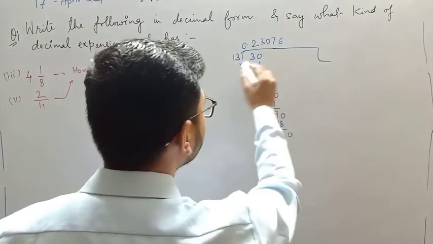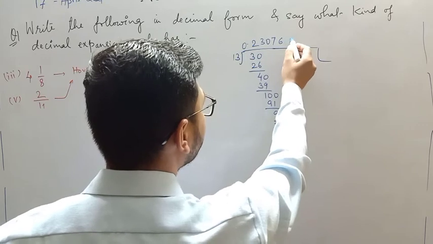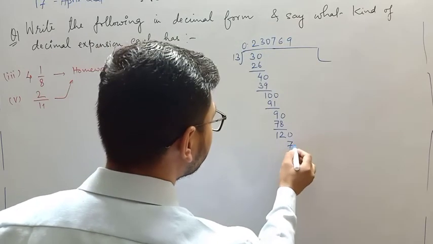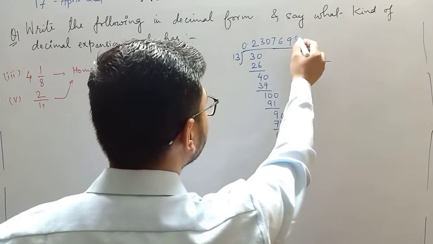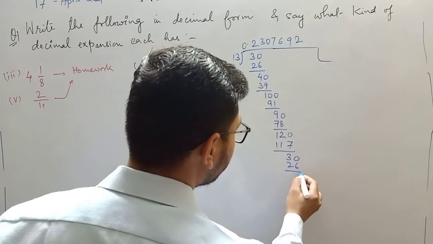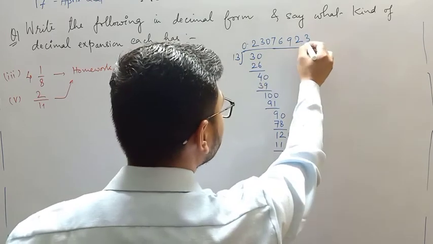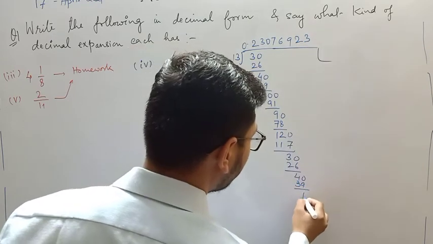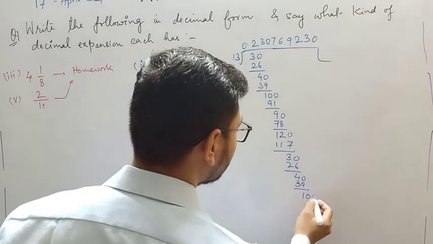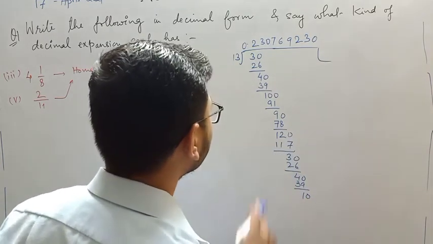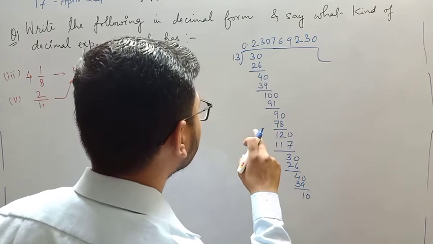So 0. 13 9s are 117, 3s are 27, and 11. 30, 13 2s are 26, 40. 13 3s are 39, 10. Again 10 is less than 13, so 0. This is 10.